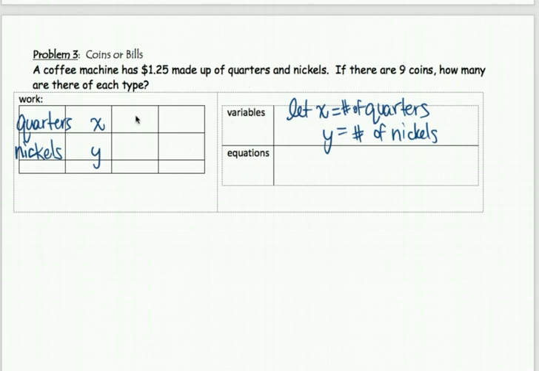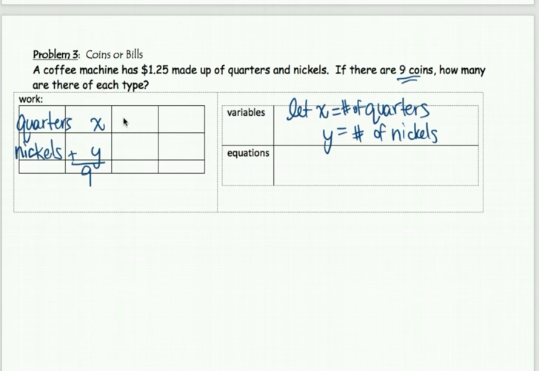So we know that the total cash amount value is $1.25. But we do know that there's a total of 9 coins, so we can at least complete this statement here and make that equation. So that's the number of coins. Now this is the value of what's inside this coffee machine.